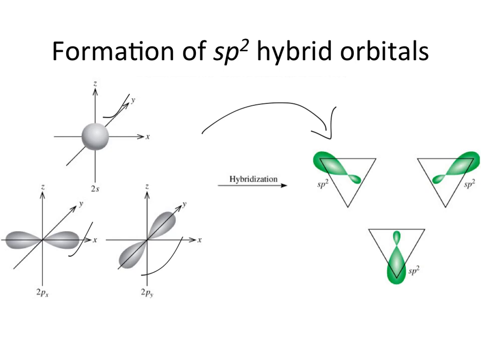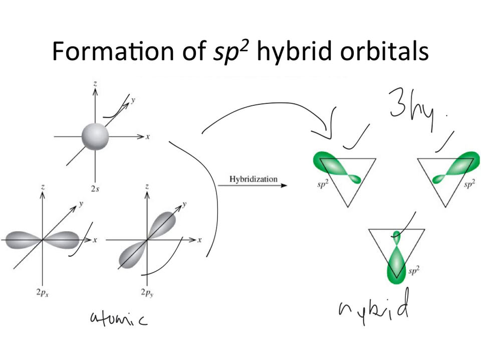An s orbital and 2 p orbitals are mixed, so 3 atomic orbitals are used, and we get 3 hybrid orbitals. We see them below, sp2, sp2, sp2. Anytime we're looking at hybridization, the number of atomic orbitals that we mix is going to be equal to the number of hybrid orbitals that we get out. So in this case, for sp2, I've taken 1 s and 2 p's, and I've mixed them together to give me 3 sp2 hybridized orbitals.